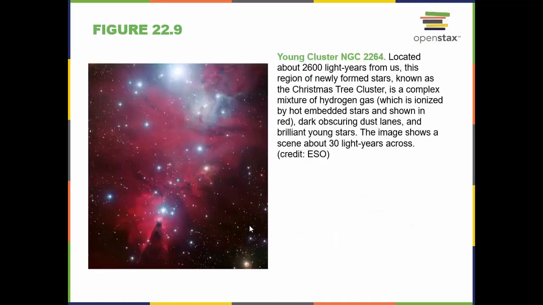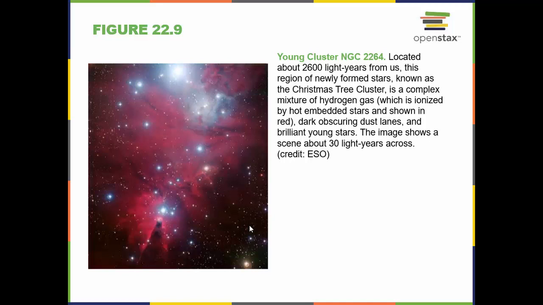So you see this young cluster NGC 2264, and it's located about 2600 light years from us. And this is a region of newly formed stars known as the Christmas tree cluster.